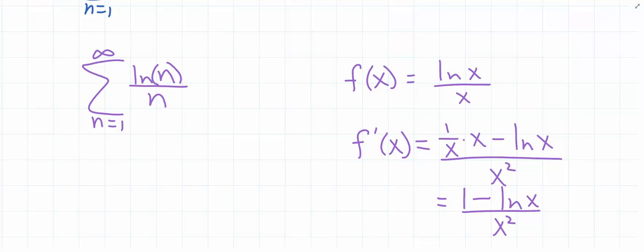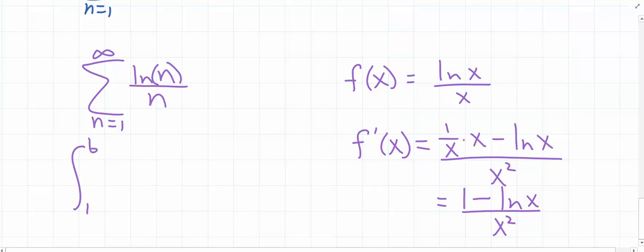Okay, so if you put an e in place of x, you get 1 minus 1 up top. But then if you go past that, you're going to get negative numbers, right? Okay, do y'all see that? So as long as you are past e, this thing is decreasing. For that reason, we can go ahead and set up our integral.